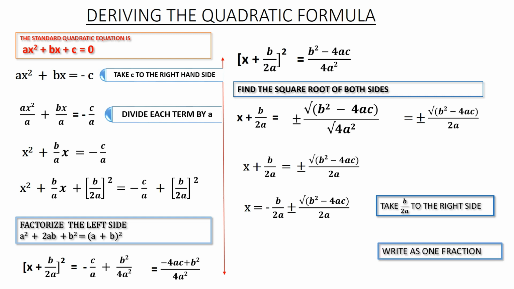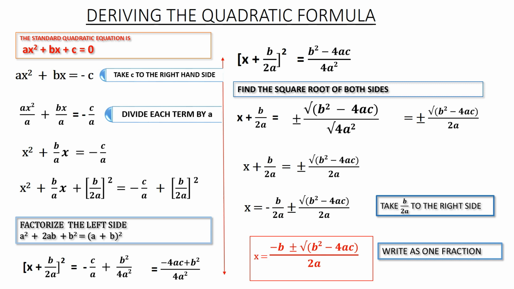So I'm going to rewrite this expression using only 2a as the denominator. And so x is actually equal to minus b plus or minus the square root of b squared minus 4ac all over 2a. And that is the quadratic formula that we were looking for.